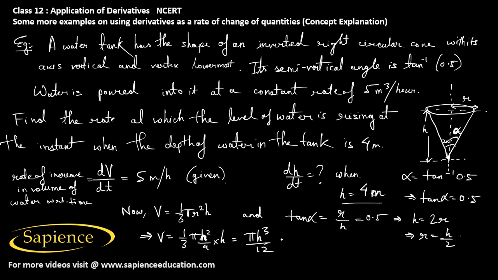So volume is pi H cube by 12 meter cube. Here we have assumed that the height of the cone is H meters and radius is R meters.